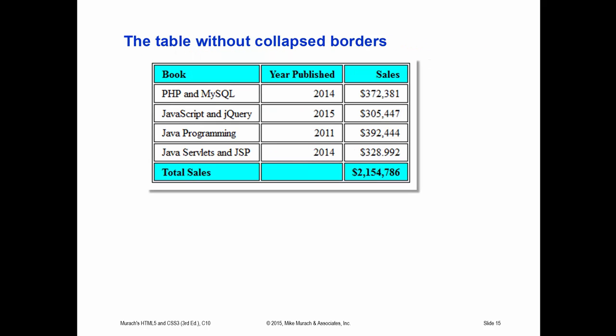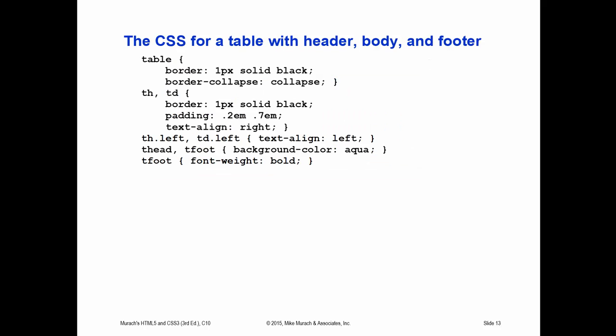So what border collapse does is it's a keyword that determines whether space exists between the borders, whether it's collapsed to a single border between cells. You can use collapse and separate. Separate is the default. So that's separate and that's collapse.